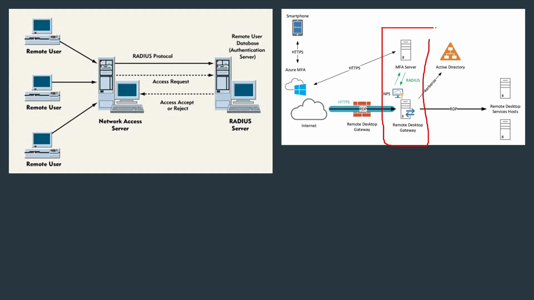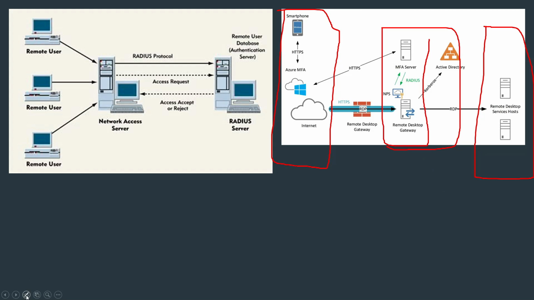instead of this, this is my router, and this is the other user who is trying to access. This is the server. I am splitting it so that it will be very easy to understand. At user level, we are checking with multi-factor authentication. One, you should have a device. Two, you should have a password.